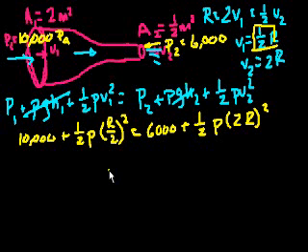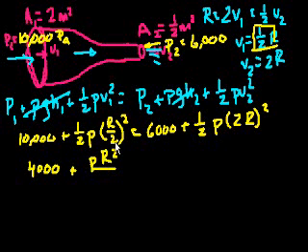So let's subtract 6,000 from both sides, and we're left with 4,000 plus, let's see, we get R squared over 4, and then a 1/2, so we'd have rho R squared over 8, is equal to, we already subtracted the 6,000 from both sides, so we'll have 1/2 times R squared times 4.